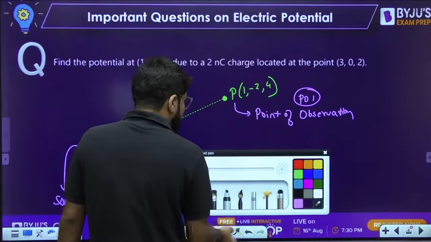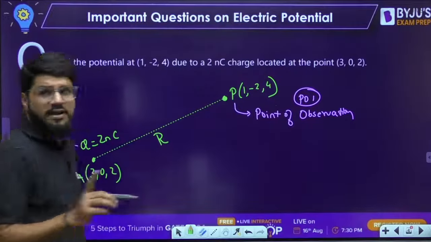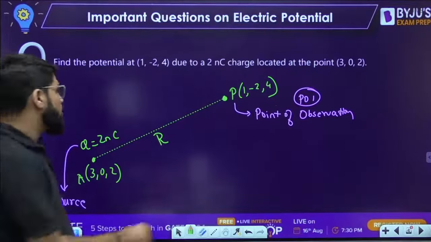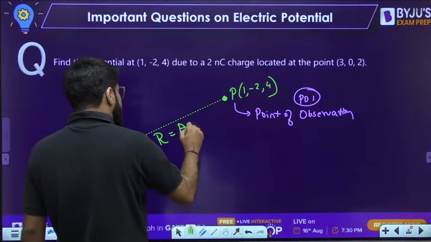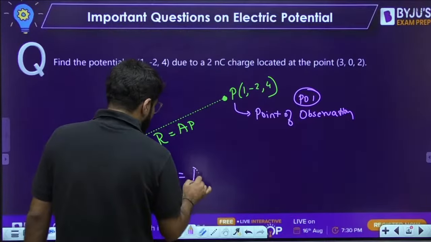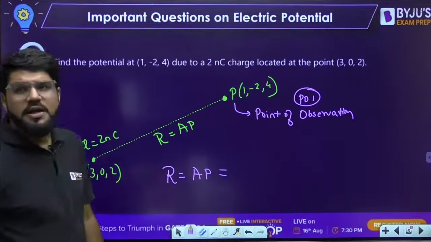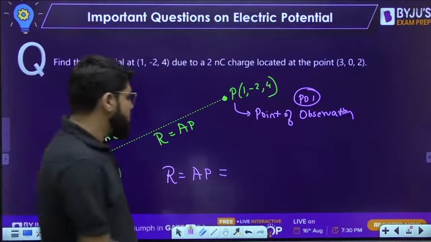First of all, we'll be measuring this particular distance that is known as R. Here we don't need the vector because potential, as I told you, is a scalar quantity. We only need the distance, that is AP. So what is this distance equal to? The distance AP is given by the coordinates of both points, so you can apply the distance formula.